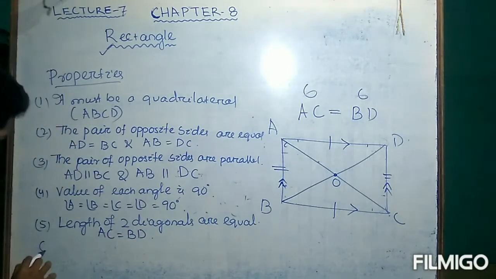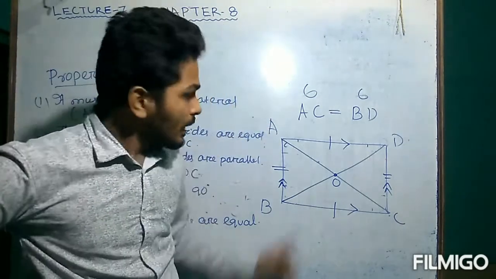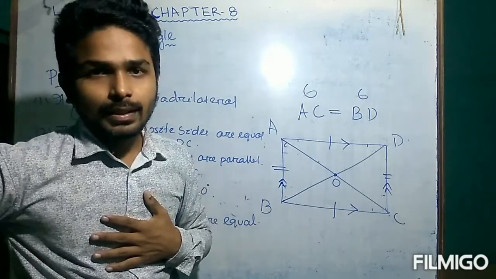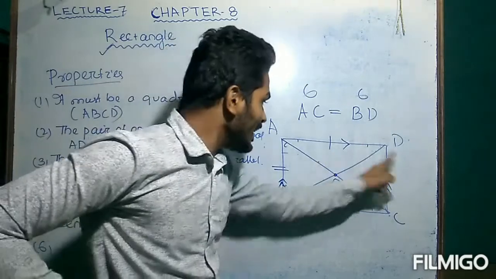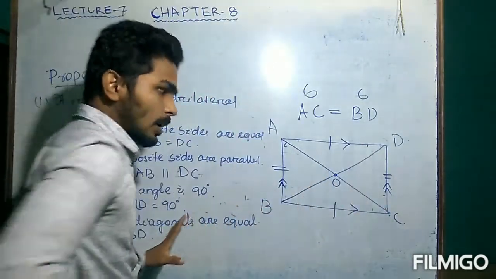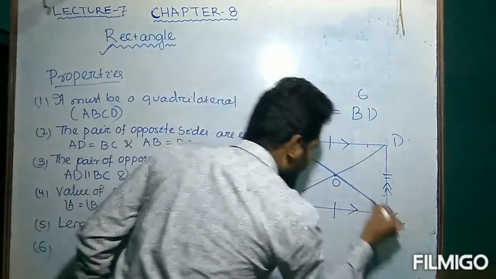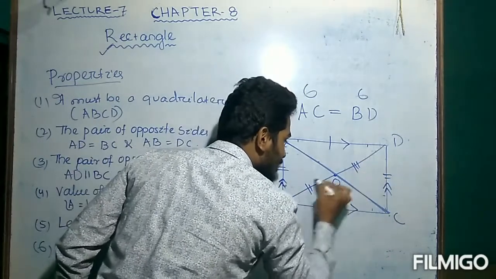Okay? Next property. Property number 6. Now, these two diagonals AC and BD also bisect each other. It means AC bisects BD and BD bisects AC. Understood? It means this diagonal AC bisects BD, so this distance is equal to this distance.